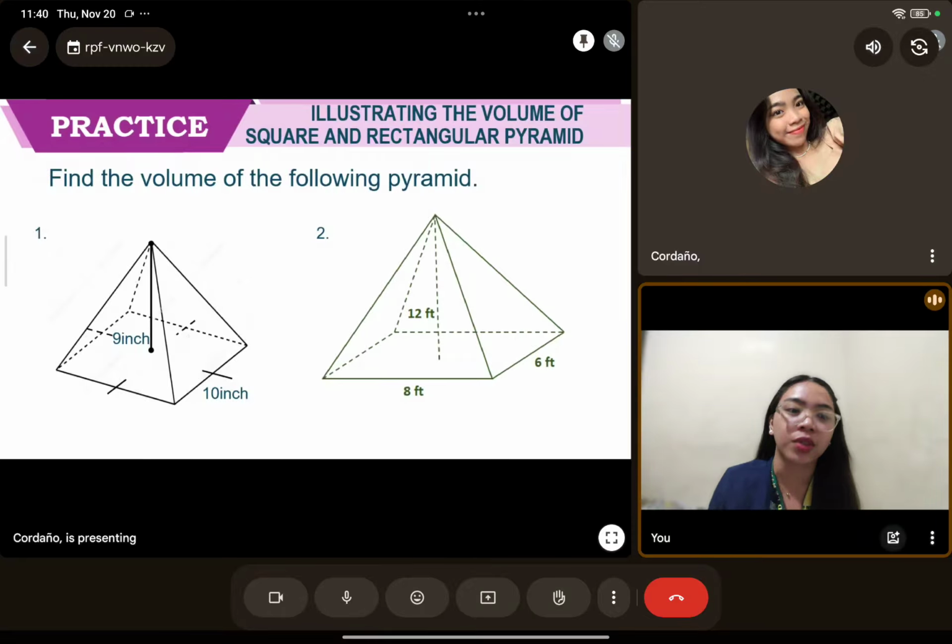Sinabi ko na sa inyo yan kung anong klaseng pyramid yan or anong klaseng base yung meron yung pyramid na yan. Where sa second one, as you can see, magkaiba yung measurement ng isa dun sa measurement ng ano nila, base. Okay, are you done?